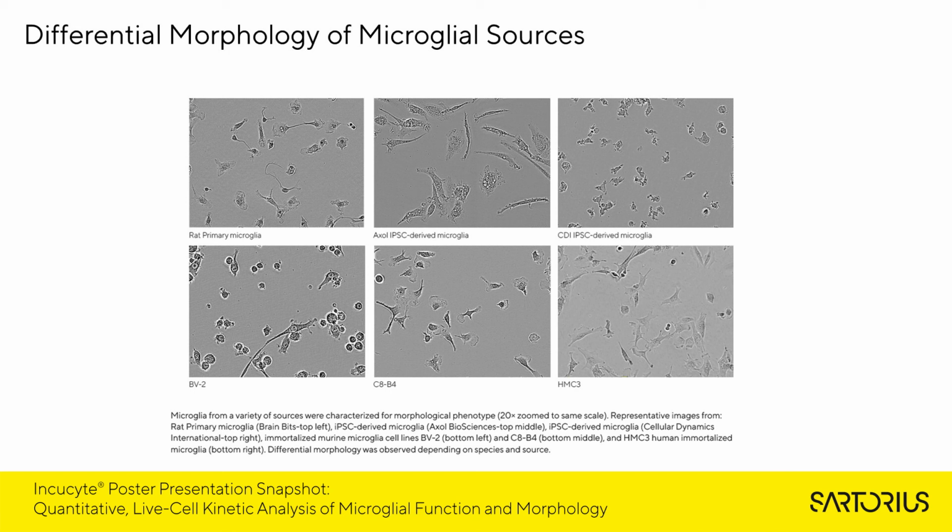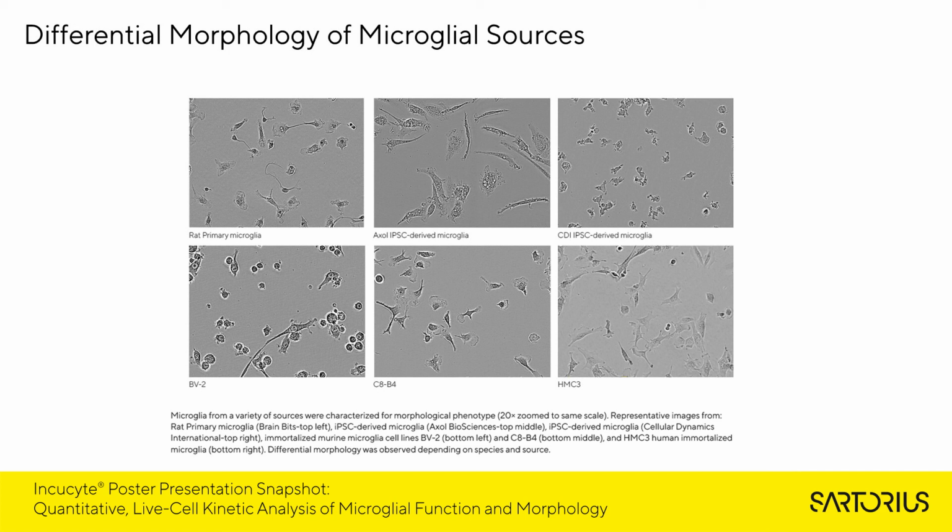So here we're looking at representative images from rat primary microglia on the top left, two different iPSC-derived microglia in the top middle and the top right, coming from Axol or CDI. On the bottom, we're looking at BV2 cells and C8B4 cells, two immortalized murine microglia cell lines, and also HMC3 human immortalized microglia on the bottom right.